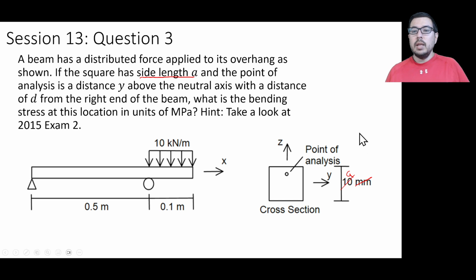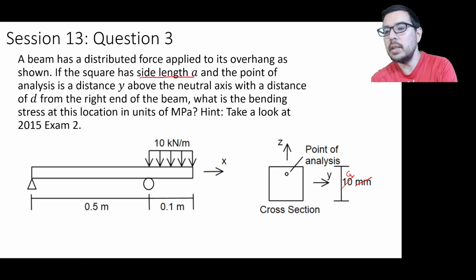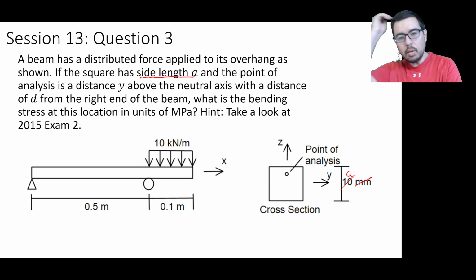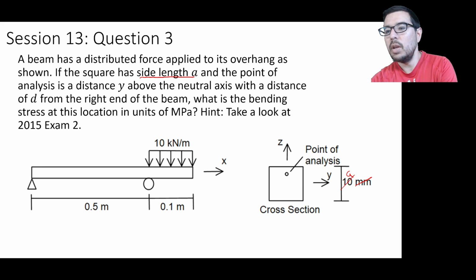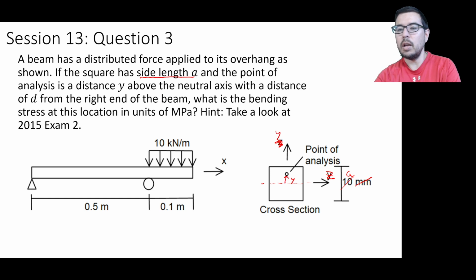And there's a point of analysis that is a distance y above the neutral axis. Okay, so this is also a little bit confusing. So we're going to say that this was the z axis, and this we're going to call the y, and we're going to say that this is a distance y above it.